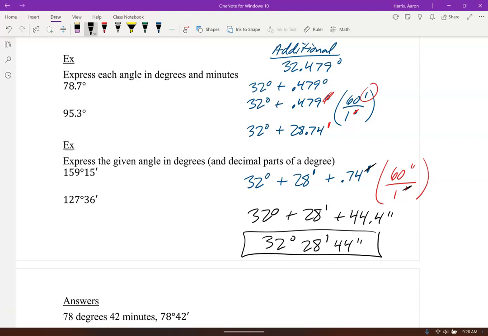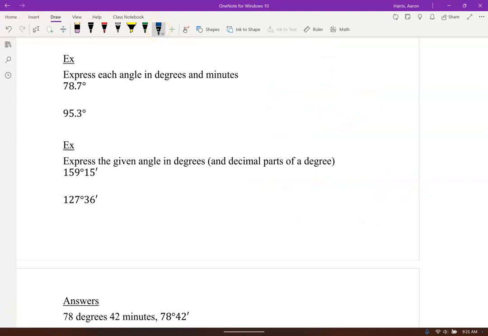Let's go to the next one, 159 degrees, 15 minutes. All right, so in this example, we're going to take the angle and put it as a decimal. We want 159 point something, so we're going the other way. 159 degrees plus 15 minutes. Now remember, for every 1 degree, there's 60 minutes. Now the minutes cancel there.